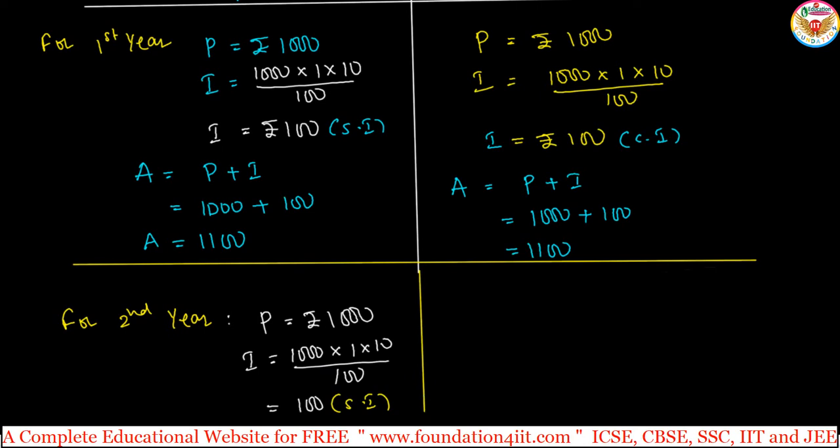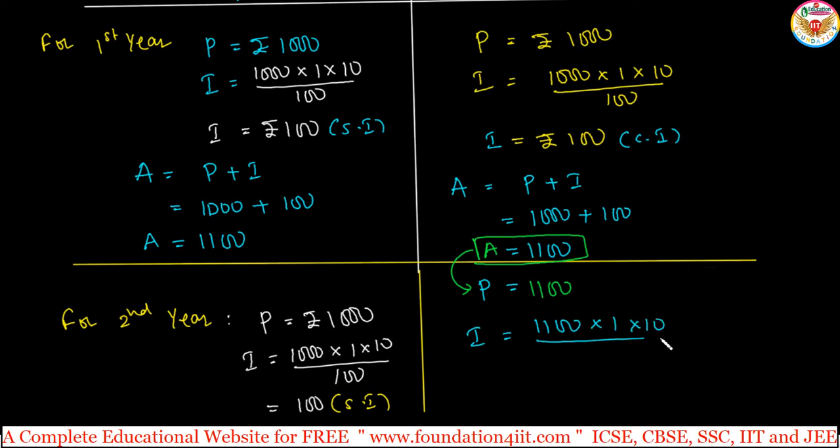Here the principal is the amount, which becomes the principal in compound interest. Remember, the first year's amount will be the second year's principal. On 1100 we need to calculate; every time the previous year's amount becomes the next year's principal. That is the compound interest difference. Again, interest is 1100 into 10 by 100 for the second year.